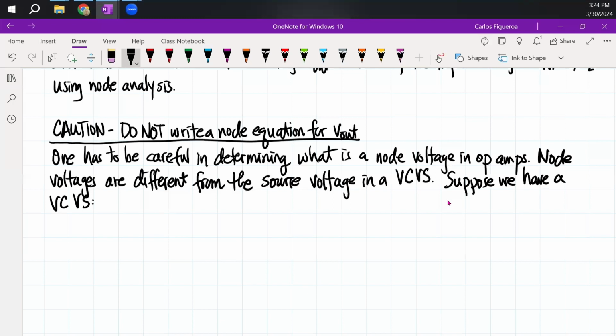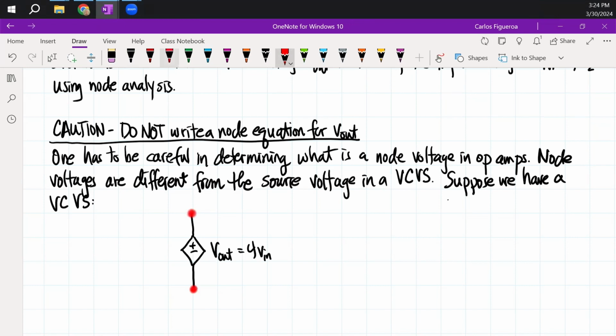And in this situation, V out is going to equal 4 V in. Now we know what V in is. It depends on two nodes. The first has a negative and the second a positive.